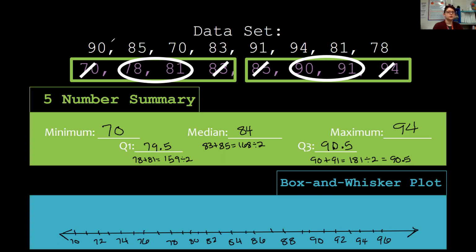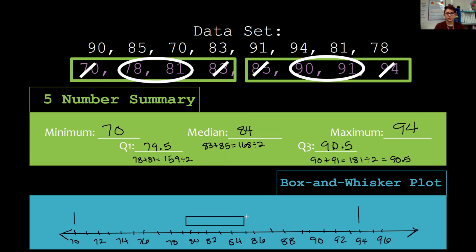Okay, so I'm going to put my whiskers in first. I'm going to mark them out. So that's 70 is my minimum and 94 is my maximum. Now I'm going to put in my box. This goes from 79.5. So I'm going to find 79. It's the mark between 78 and 80. And 0.5 would be halfway between there.